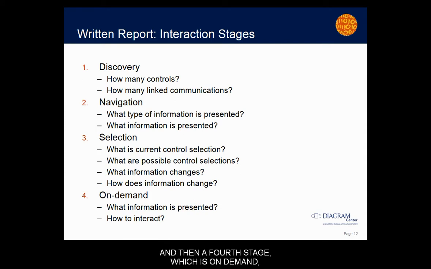And then a fourth stage, which is on demand, which means real time at any point during your interaction, you need information accessible to you through some very quick way. So you need to know the basic information about what information is inside of this widget or how you're supposed to interact with it. How do you select things? How do you navigate? How do you discover more information? You need an on-demand information command. Next slide, please.